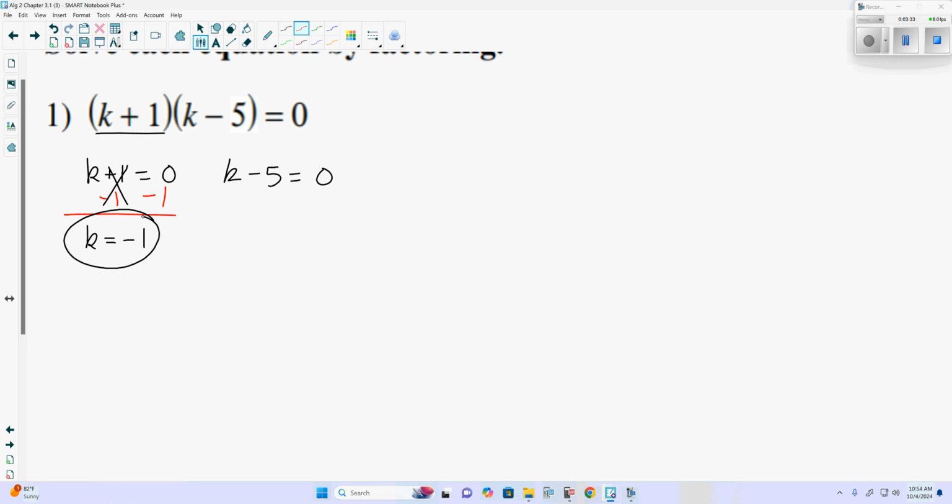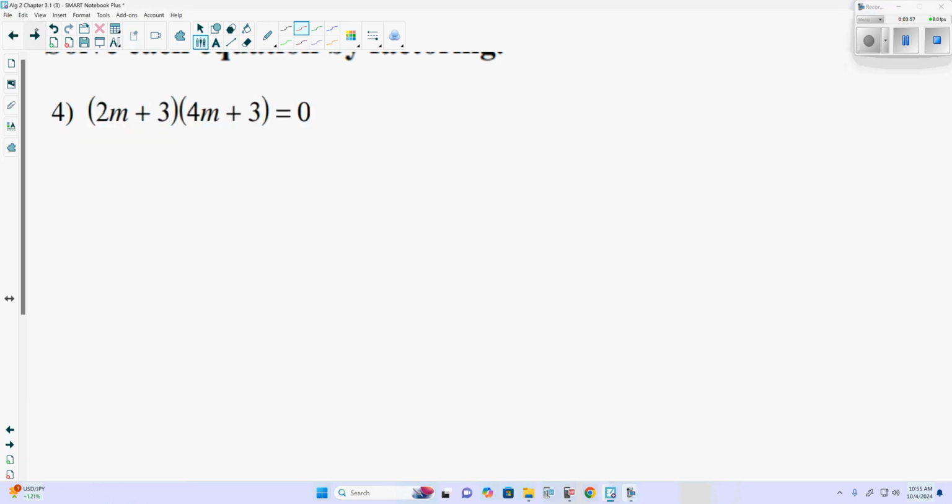So one of the solutions for this is -1. Here, we'd add 5 to both sides, telling us K is equal to 5. So questions on this so far? Do we feel good with this here? Zero product property and using this?